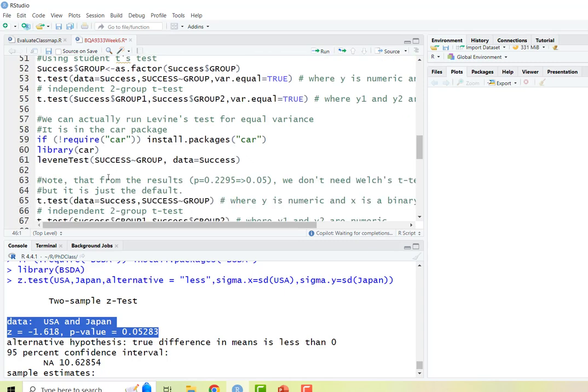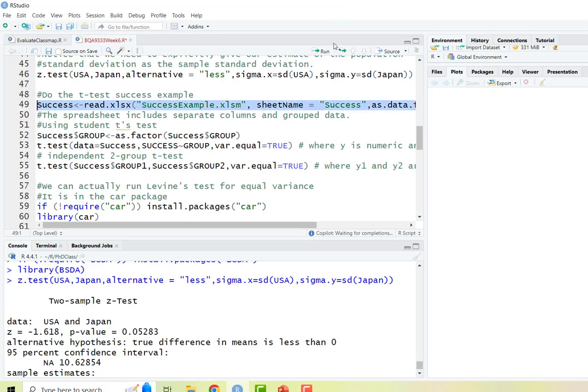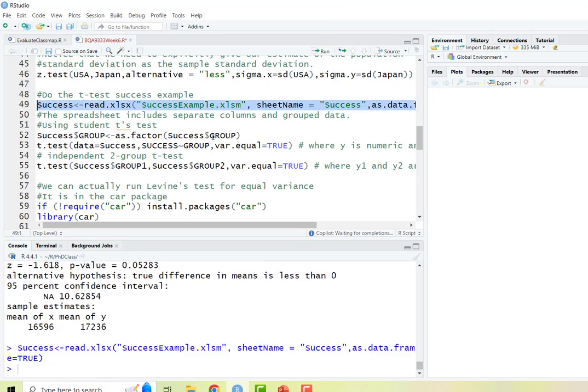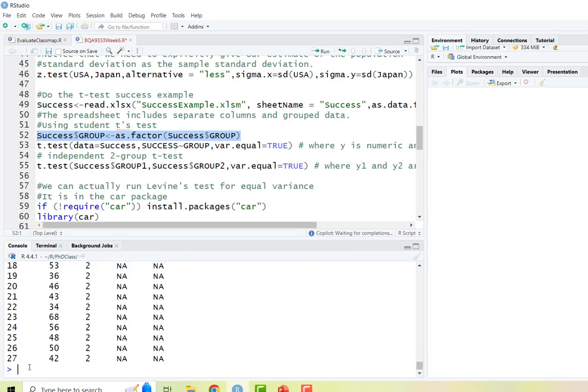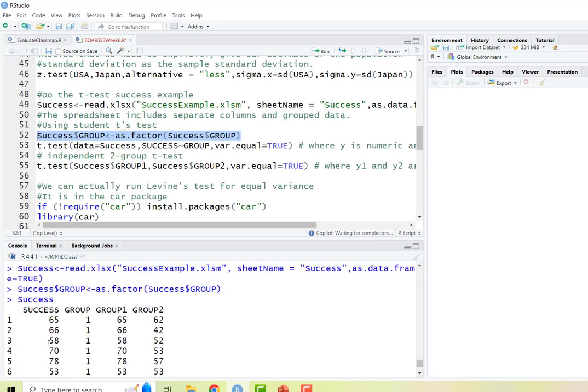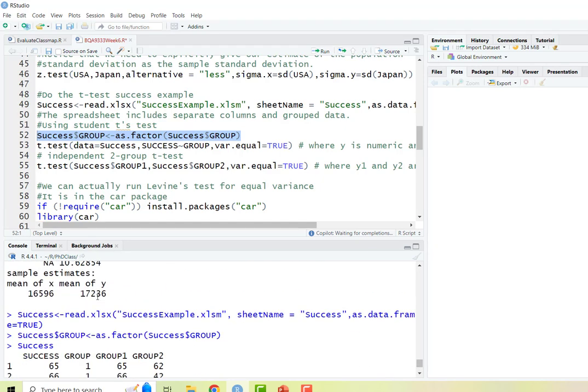So let's load in success, and let's see what we have as the group. We're making the group a factor. Now we're using a slightly different format here.